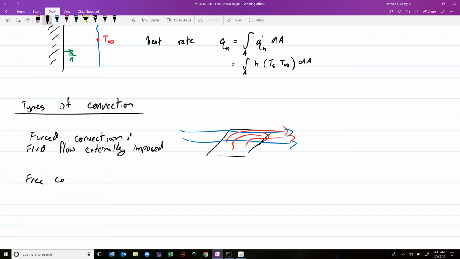Free convection, on the other hand, has fluid motion induced by buoyancy as the fluid is heated, or as the fluid temperature changes.